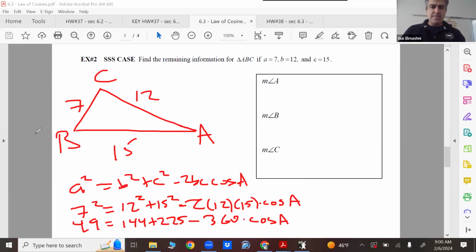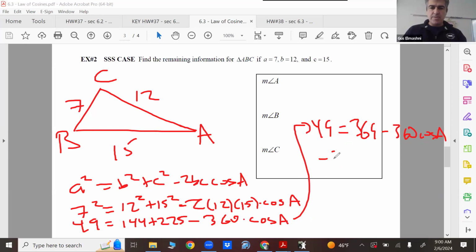Now this you do want to do. I'll continue in red, in the same color. 49 equals 369 minus 360 cosine A. Then move the 369 over, which is negative 320. Okay, that's much better now.